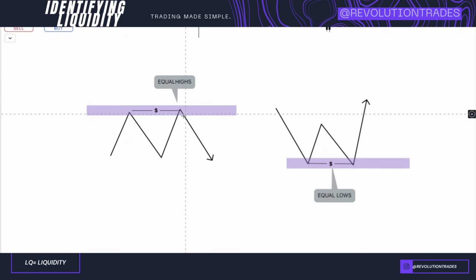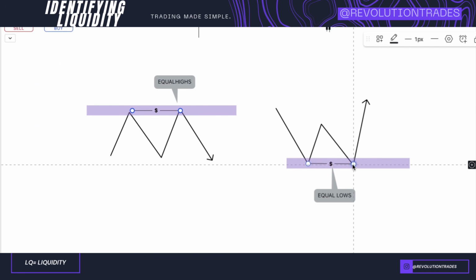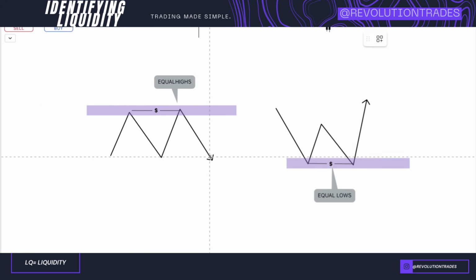So that being said, guys, if price is going to take these highs out, and if price is going to take these lows out, what are we really paying attention to? We're going to think about it like this. Eventually, price is going to come here, take these orders out, okay? Fake everyone into thinking it's going to go in the opposite direction, so it's going to buy.